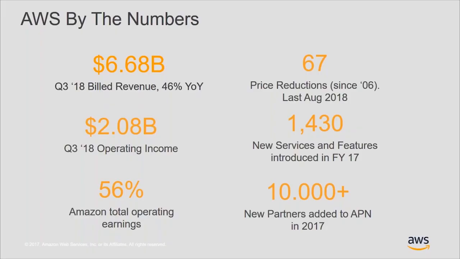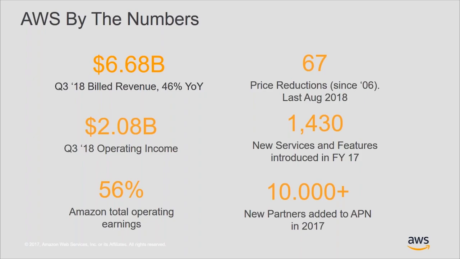If we just dive a little deeper into AWS by the numbers, our most recent quarterly announcement showed that we had a $6.68 billion quarter, which is a 46% year-over-year growth rate. Operating income of $2 billion, and that accounted for about 56% of Amazon's total operating earnings.